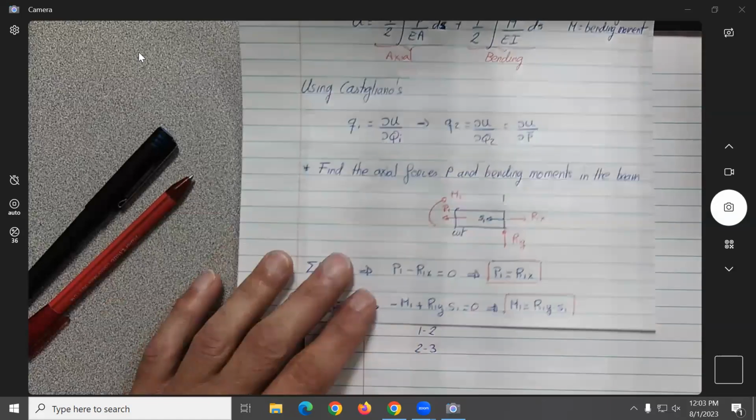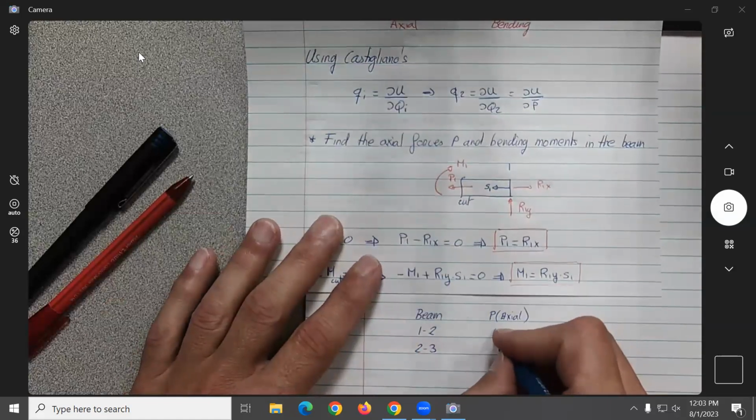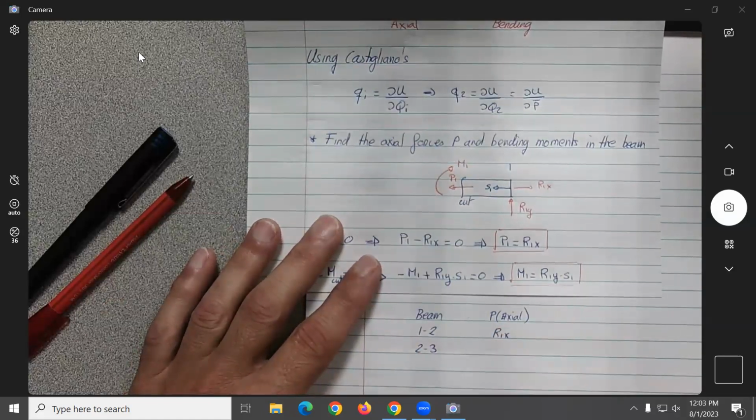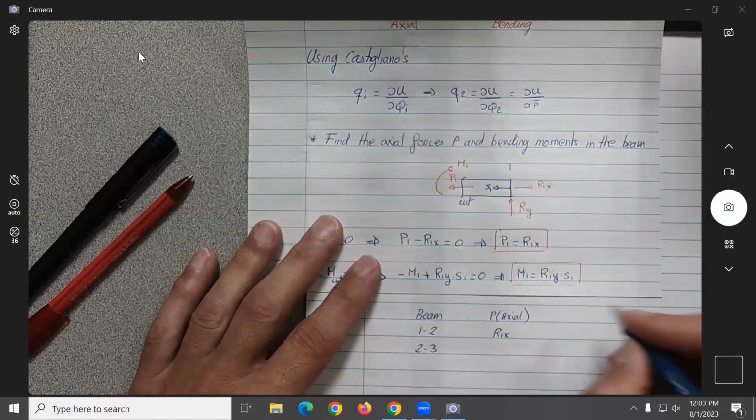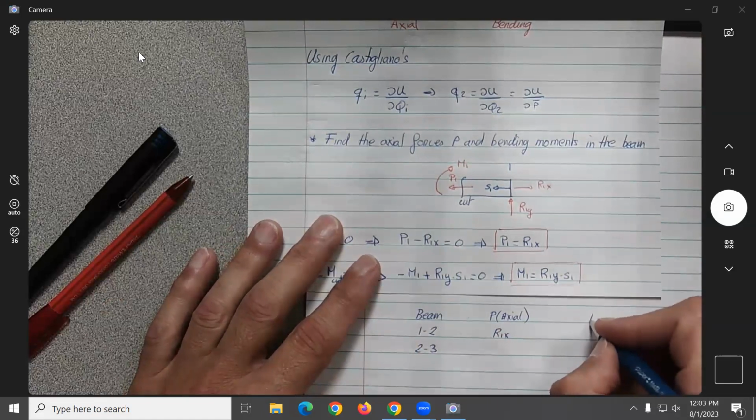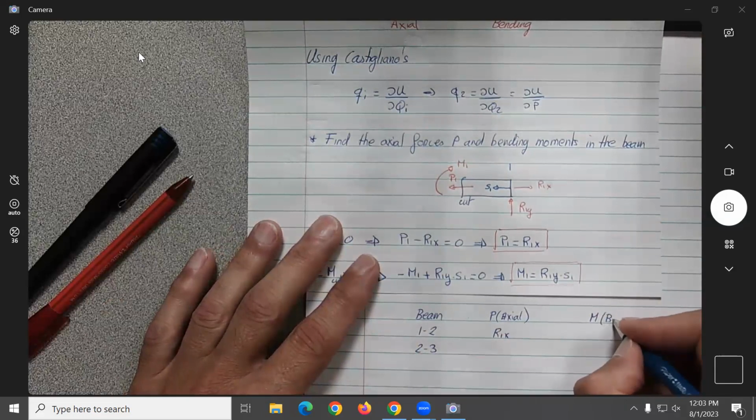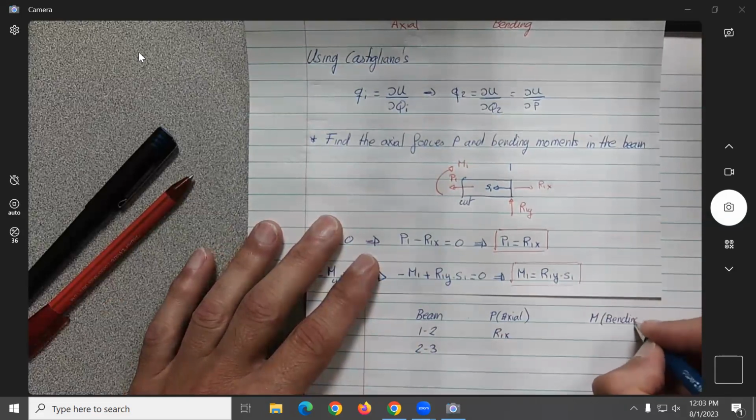One was R1X, no? And here, the bending moment. What do we have for the bending moment? R1Y as well.